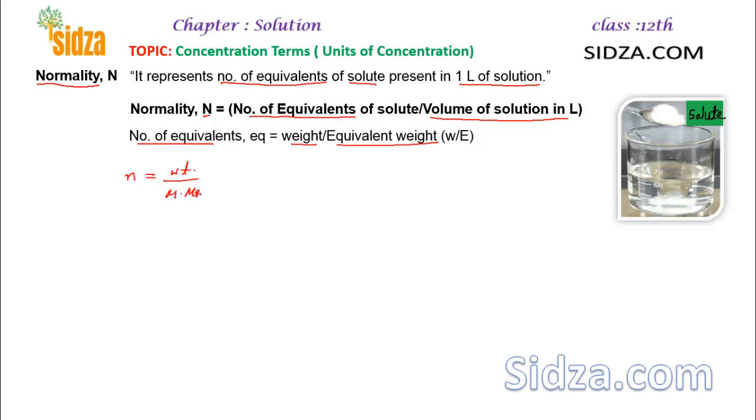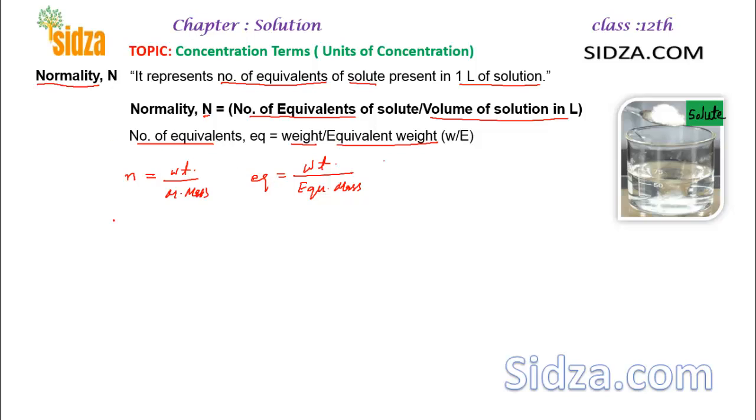Similarly, the number of equivalents in a solute is equal to the weight of the substance divided by not the molecular mass, rather the equivalent mass. So the number of equivalents is equal to the weight of substance divided by the equivalent weight. If you take the weight by molar mass, you get the number of moles; here, this is the number of equivalents.